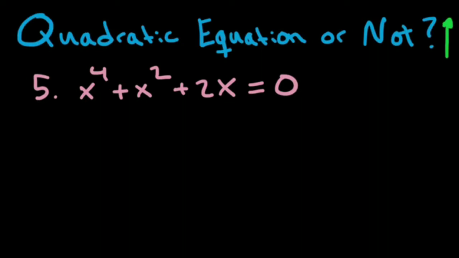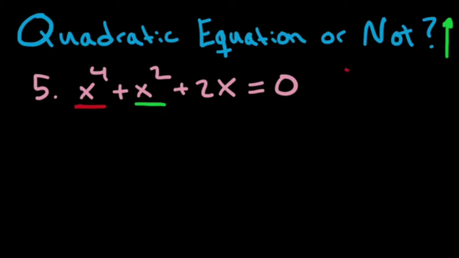Well, we have a good start since we have a variable to the power of 2, and we know that we need that in order for it to be a quadratic equation. But here we can see that we have a variable to the power of 4, so we have a variable to the power of a higher value than 2. And when we have that, we know that this is not a quadratic equation.